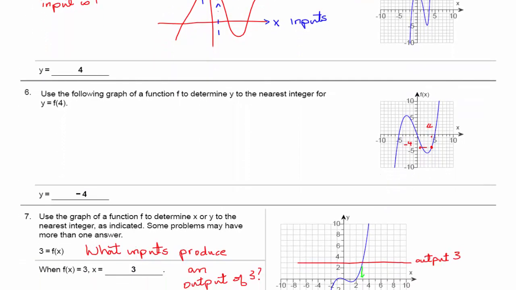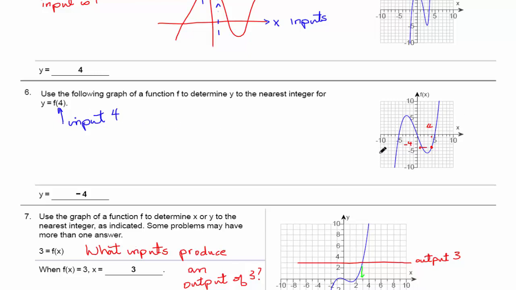All right, and in question 6, we have a graph again. We have an input here of 4, so that's the input. The question is, what happens when I put in that input?